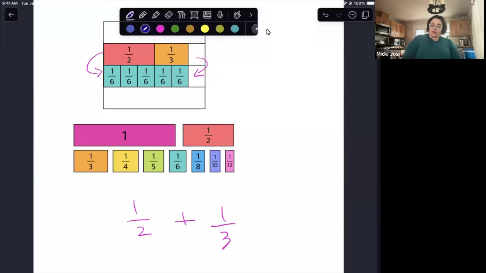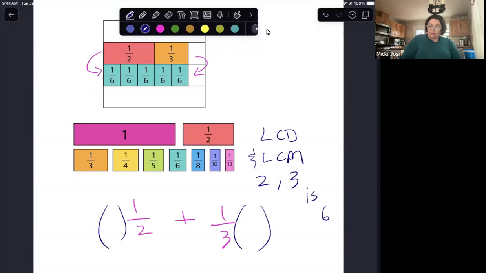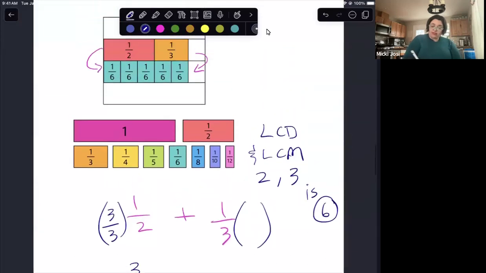And then we would say, okay, what's the common denominator? The lowest common denominator, which is the same thing as the lowest common multiple of 2 and 3, is 6. So then we would say, okay, I have to make an equivalent fraction. I'm going to multiply this one by 3/3. That gives me the 3/6 that I'm seeing here, right? 1/2 is equal to 3/6.